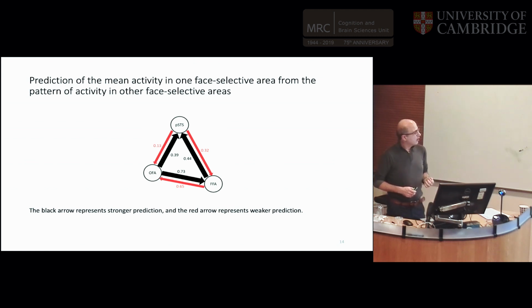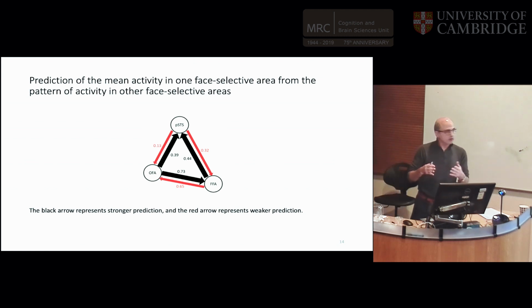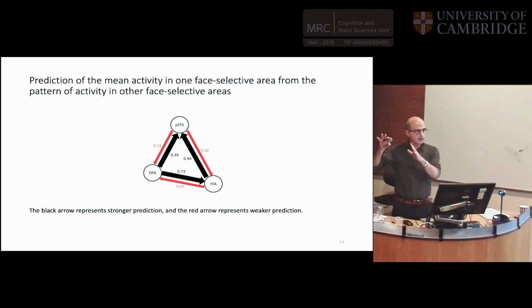Finally, we can use this framework to predict the mean activity in another area, for example, in occipital face area, based on the pattern of activity in FFA. So for the 3 face selective areas, we can do all possible combinations, like take one area as a target area and try to predict its mean activity based on the pattern of the response in another area.